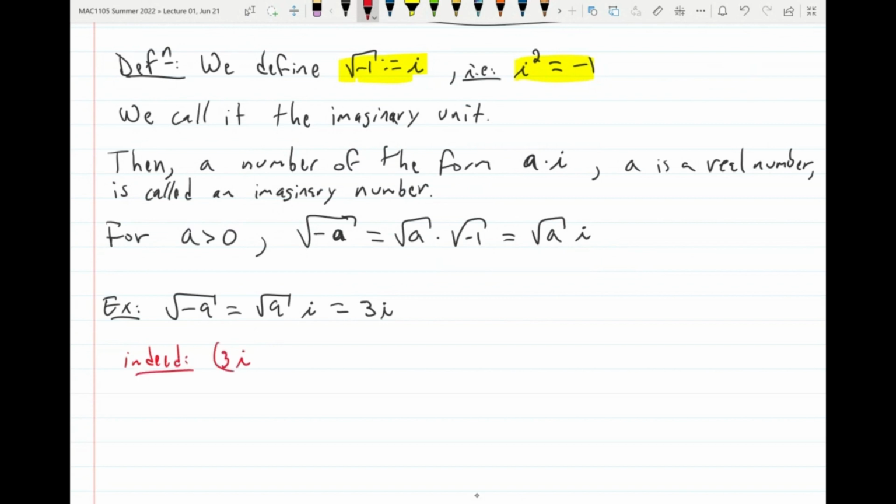If I take 3i and I square it, this is the same thing as 3 squared times i squared. When you square a product, you distribute the exponent. So 3 squared is 9, and what's i squared? -1, and 9 times -1 is -9, as expected.